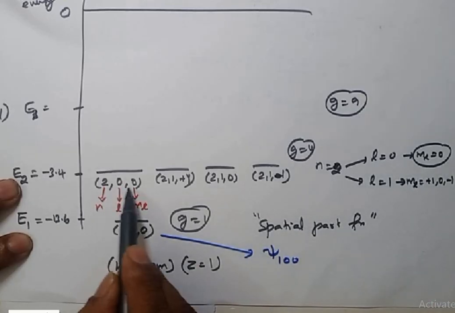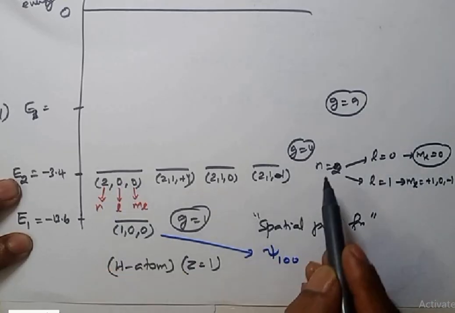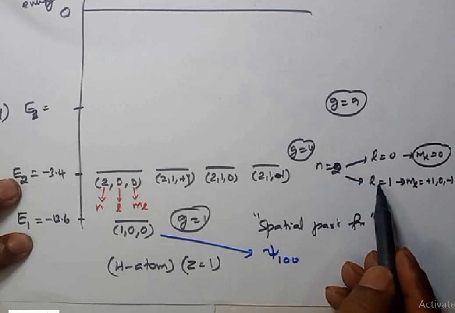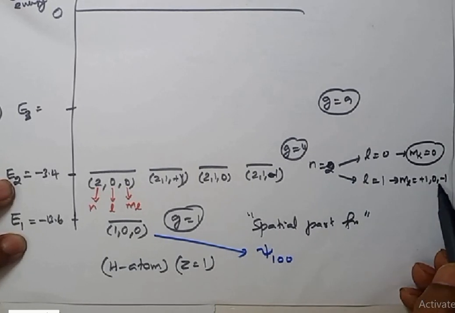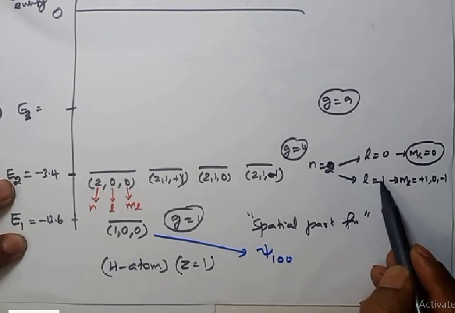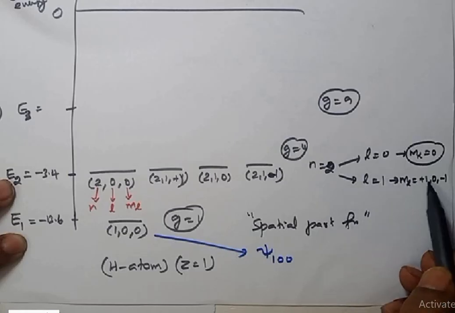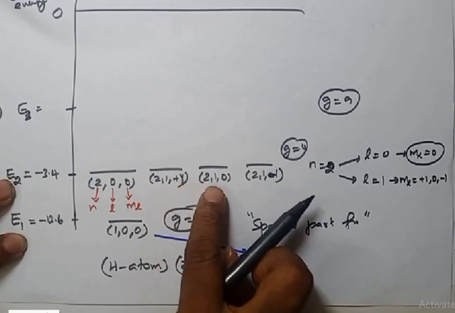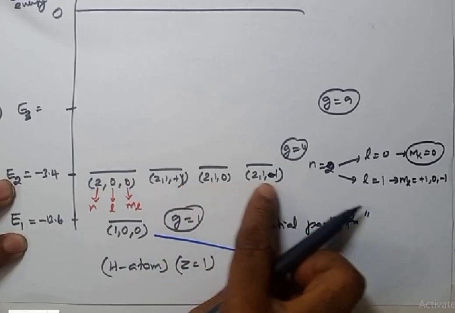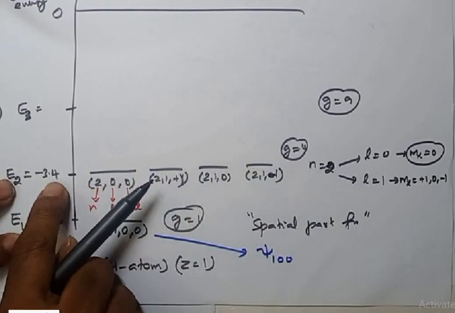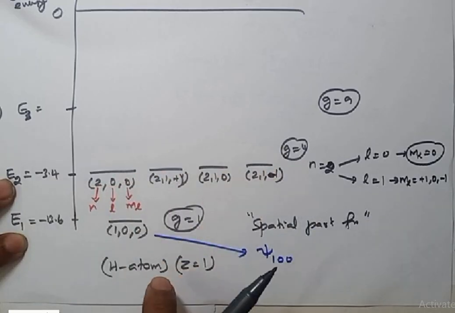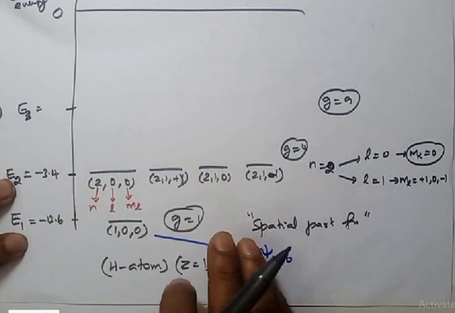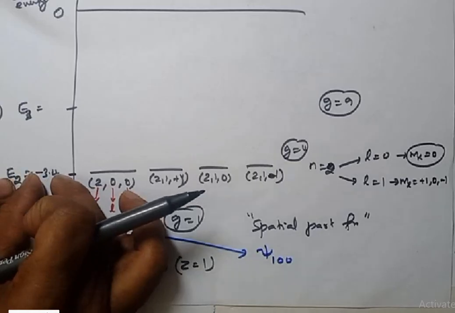Then if L is 1, there are three possible values of ML: plus 1, 0 and minus 1. So 2, 1, plus 1; 2, 1, 0; and 2, 1, minus 1 give you three states. So altogether, this level has 4 degenerate states, so the degeneracy of this level is 4.